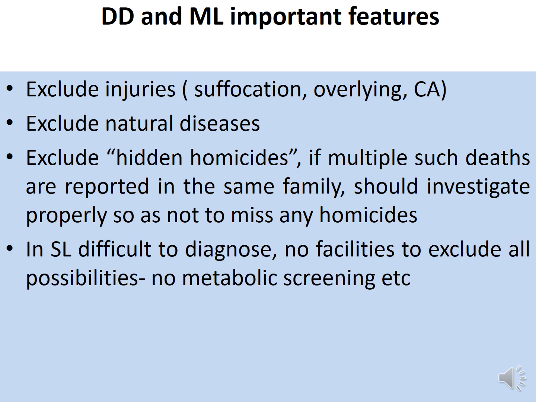And it should be mentioned that in Sri Lanka it's difficult to diagnose cases of SIDS because we don't have much facilities such as metabolic screening tests, and we can't do a lot of genetic studies, etc. So as a result, usually in Sri Lanka we tend not to give the cause of death as SIDS.